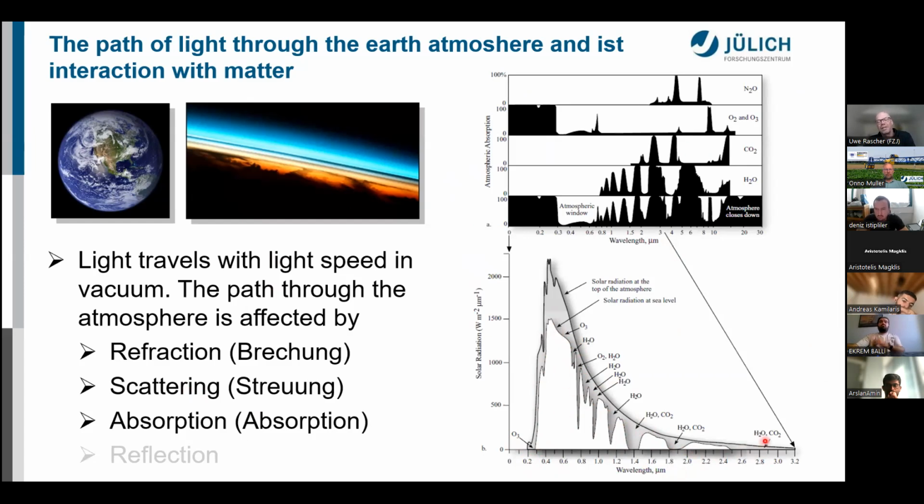You can already see from this representation, here we have the visible light, where it's reasonably smooth, but if you go out to other spectral domains, the spectral signature of the incoming photons is a pretty complex one because of the absorption of the photons in our Earth atmosphere by water, by oxygen, and other components. So this is the first thing: the light which we use for our measurements may have a pretty complex spectral signature.